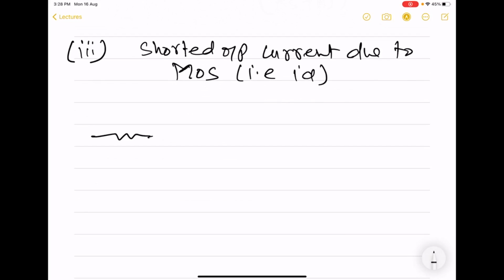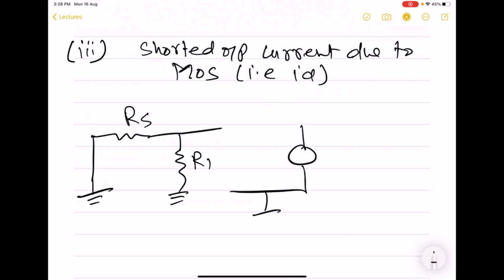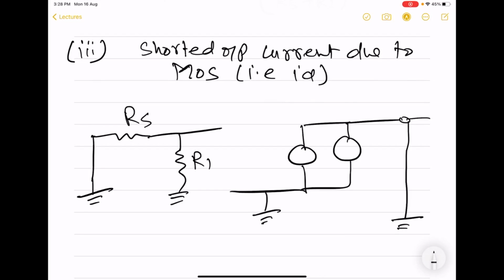So now we have this circuit to be solved. There is only one noise source, the channel noise source, in this circuit.